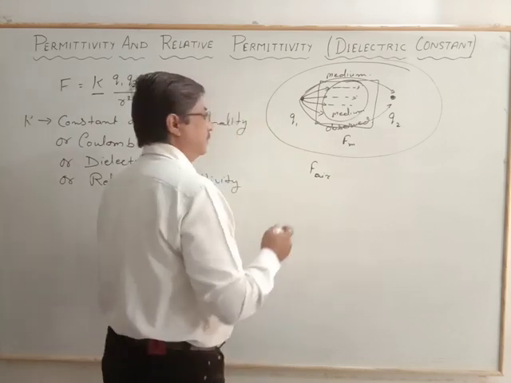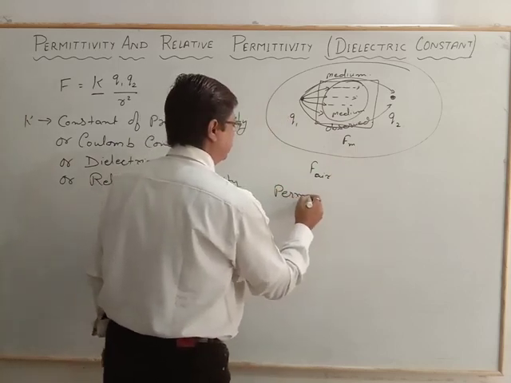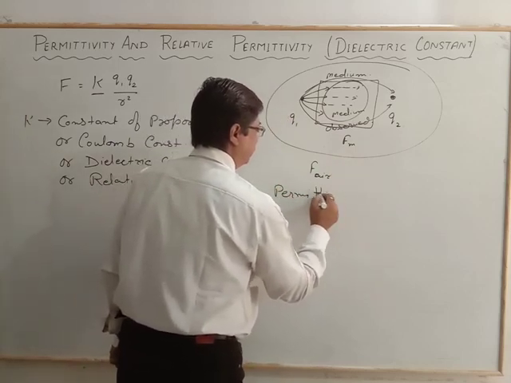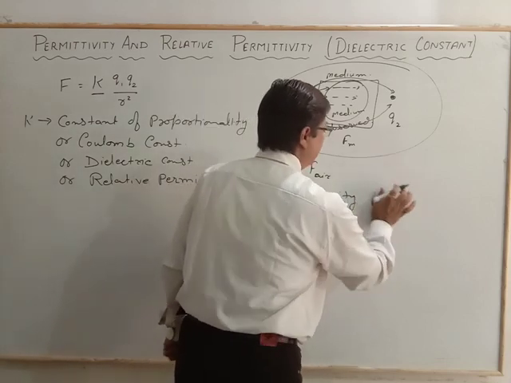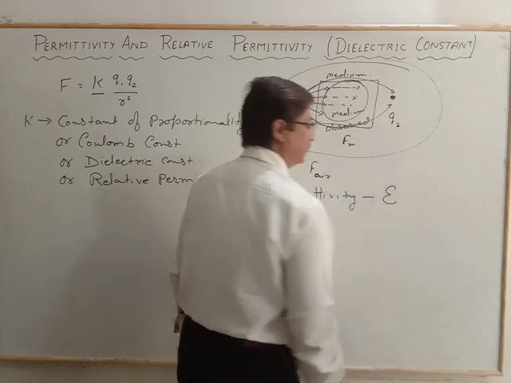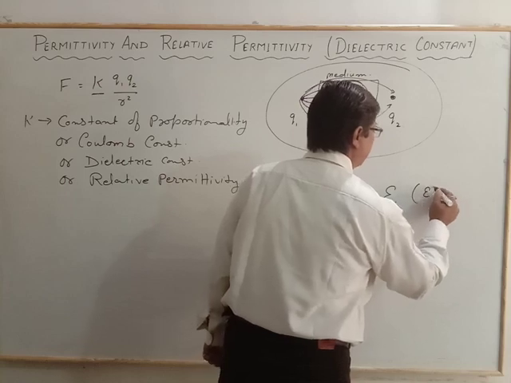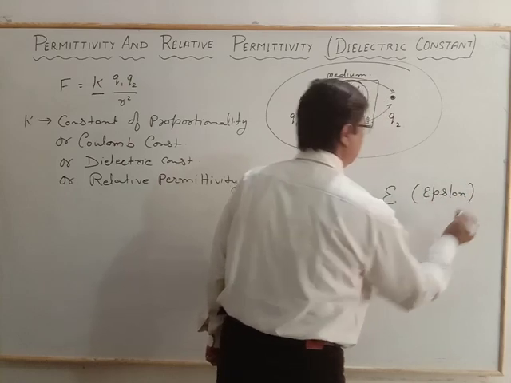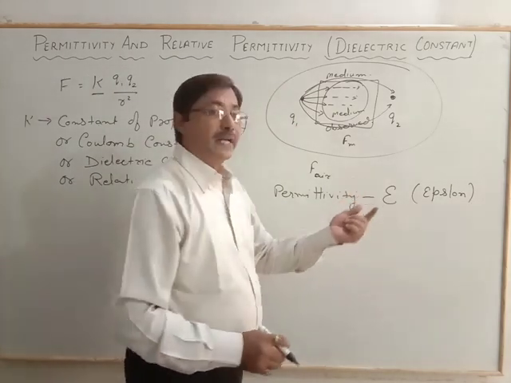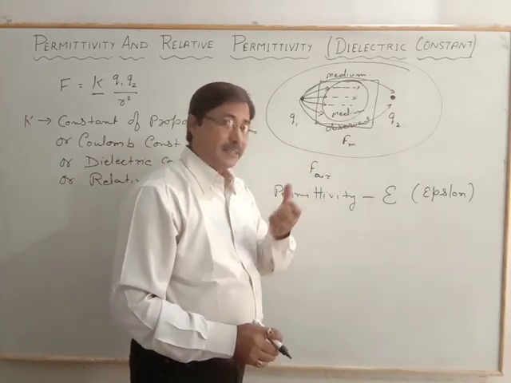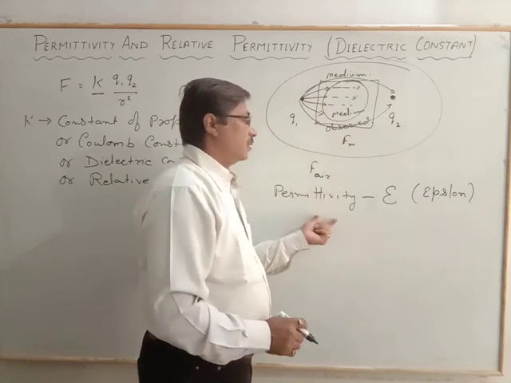Permittivity is represented by epsilon of the medium. The self-acceptance of some electrical behavior by the medium is called permittivity.